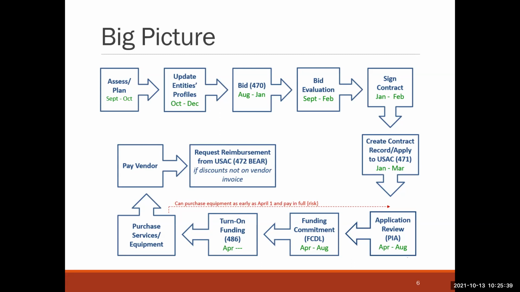So then the next thing that happens is you're going to file the funding application after you create the contract record. And the deadline for doing this, it will start sometime in January. It's called a filing window.